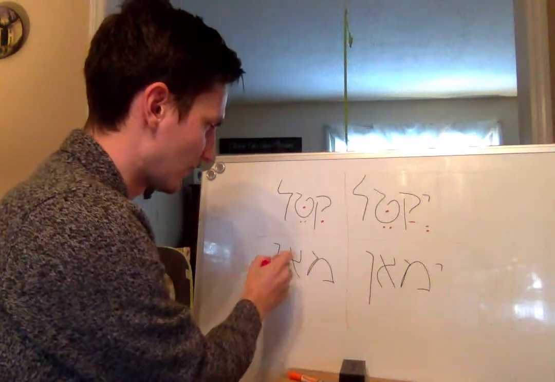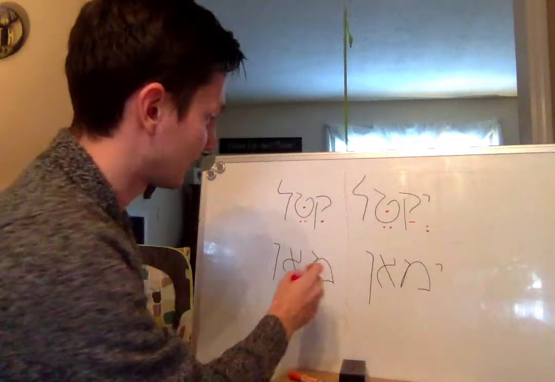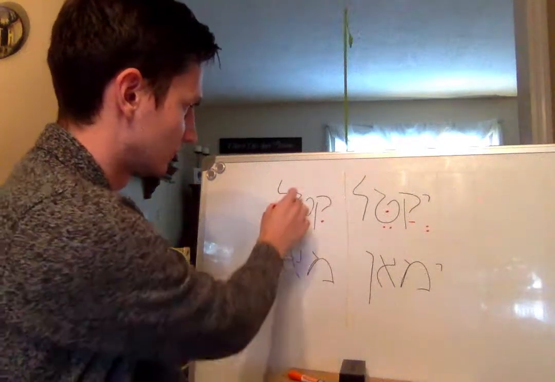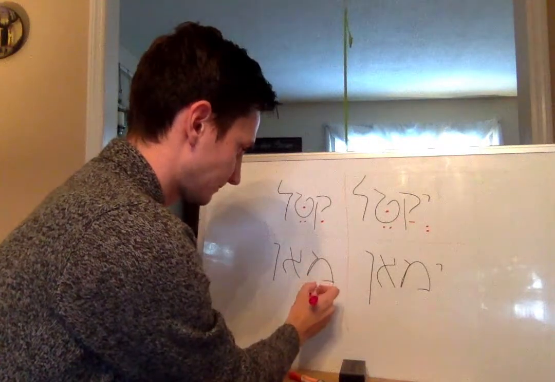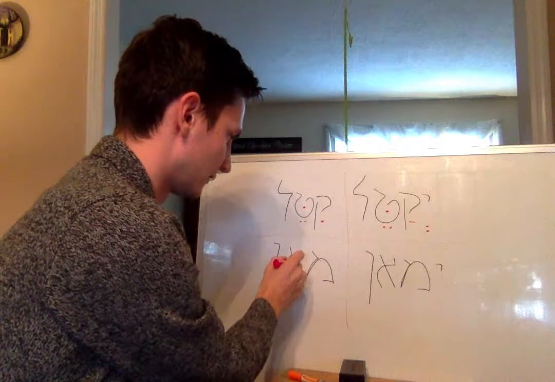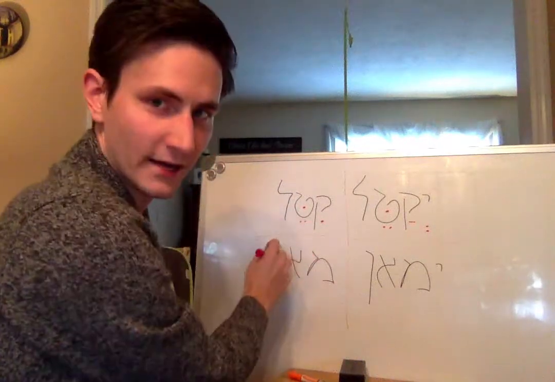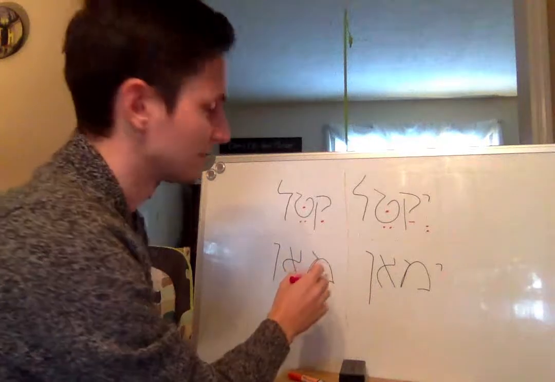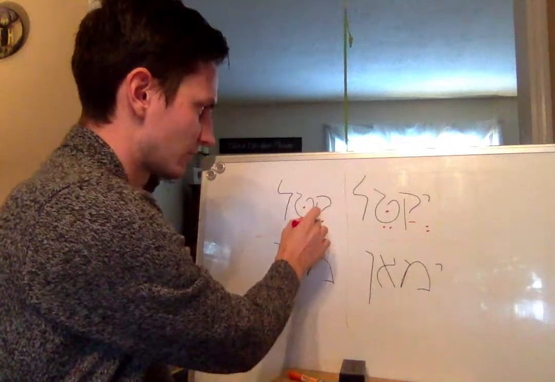You'll see mem, aleph, nun. Aleph cannot take the doubling that we would expect from the Piel. So if we tried to put the doubling here, it kicks it back. And that's the compensative piece. It kicks it back and lengthens this first vowel.